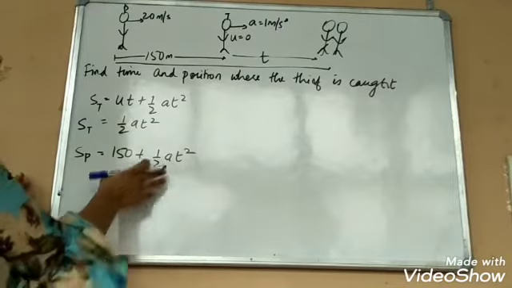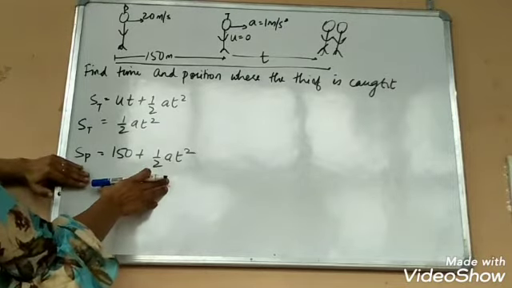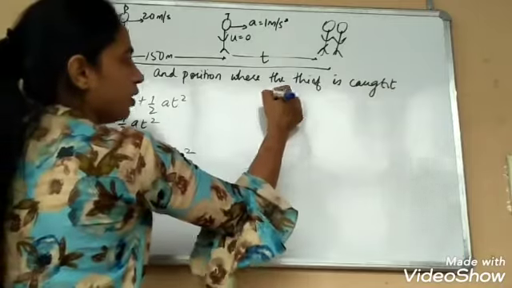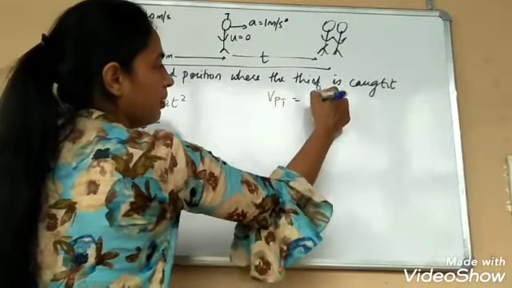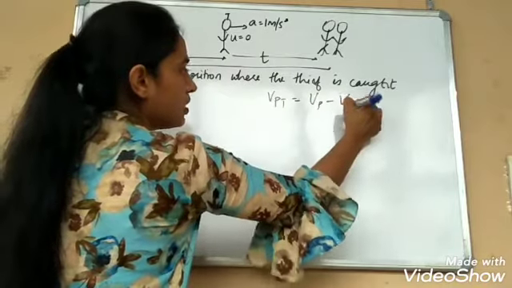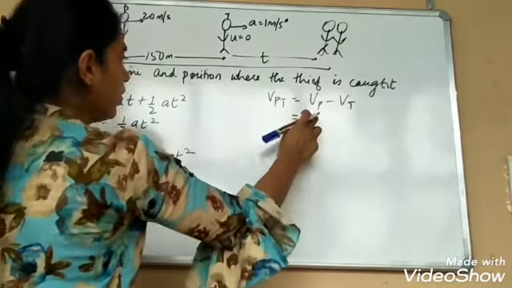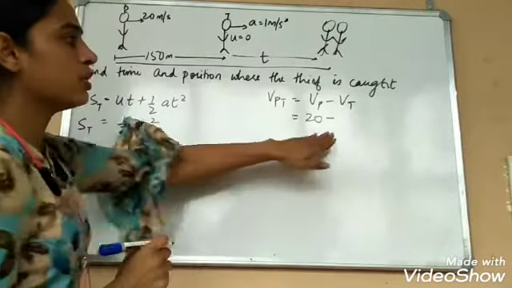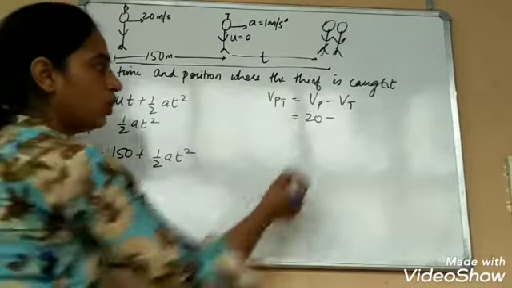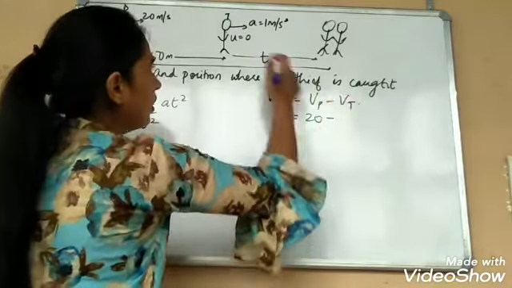Now you can see this as, if we try to solve this with relative velocity, the velocity of police with respect to thief will be velocity of police minus velocity of thief. What is the velocity of police with respect to ground? 20 minus the velocity of thief, which we don't know.